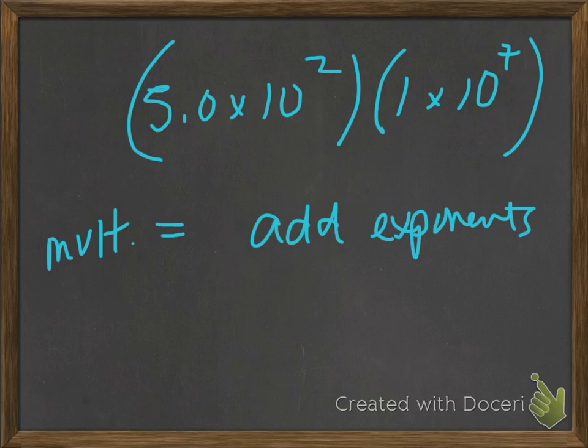Okay, so this would be 5 times 10 to the 2 plus 7. Anytime you're multiplying two things in scientific notation together, you're adding the exponents.